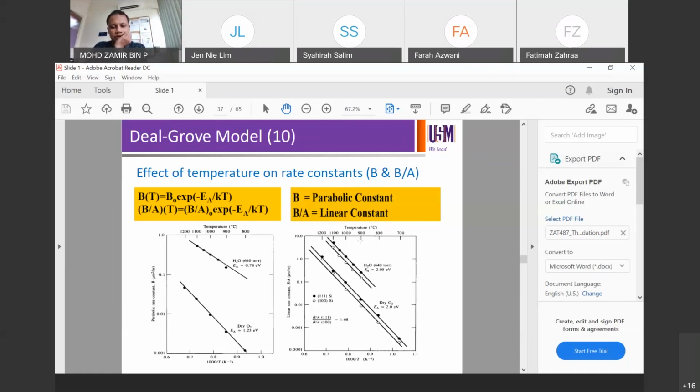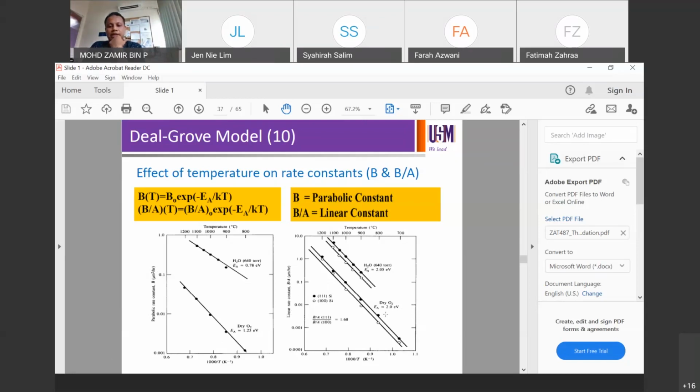Which one will give you higher thickness at 900 degrees C? Wet, because the wet rate is higher, right? So the wet rate is higher than dry. It's higher by that much. So you can compare on your parabolic rate constant graph or linear rate constant graph.